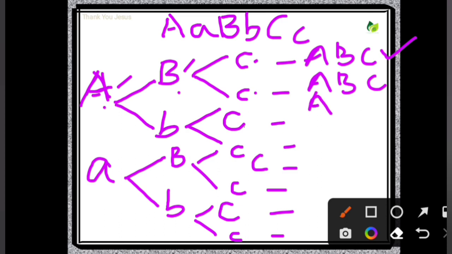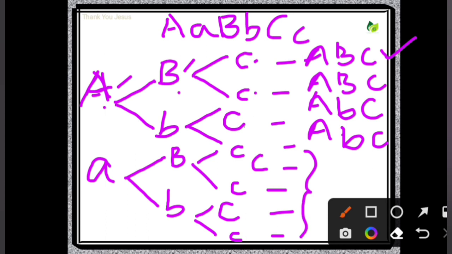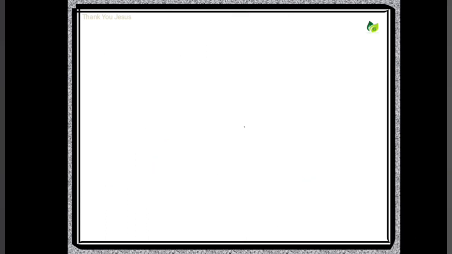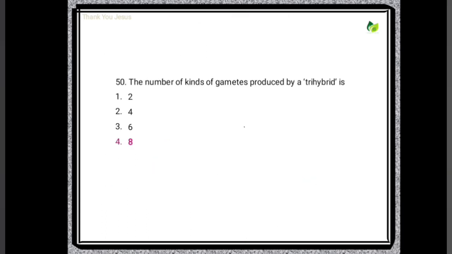Capital A, small b, capital C. Third combination. Let's see the fourth one. Capital A, small b, small c. Fourth one. So likewise you can also derive another 4. So the answer is 8 gametes will be formed from a trihybrid. Okay.